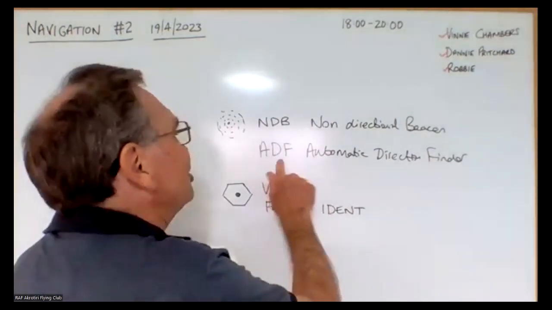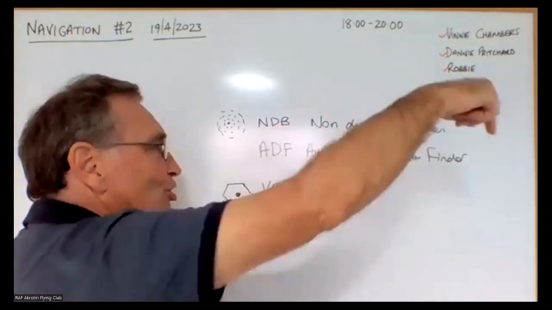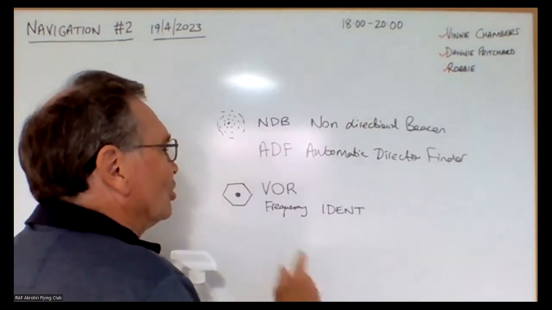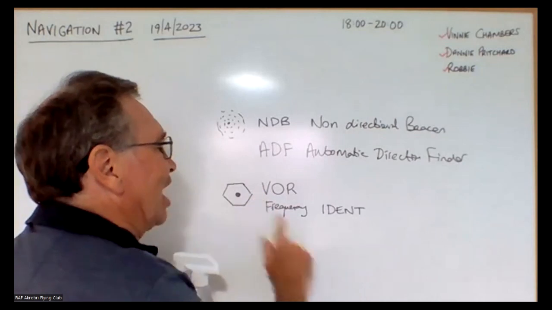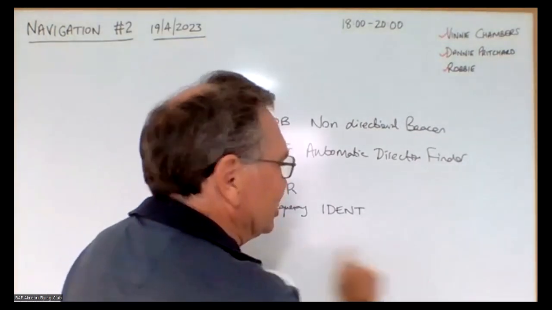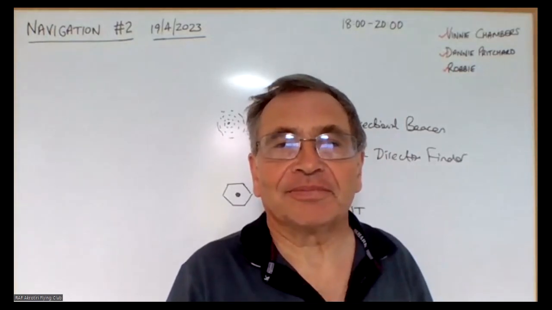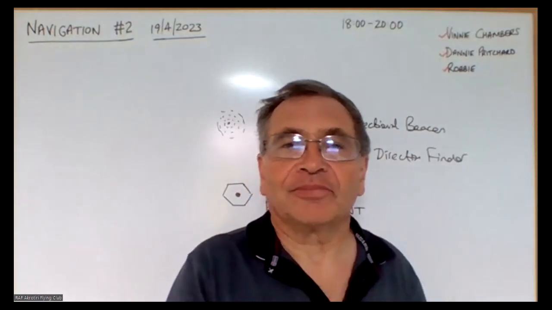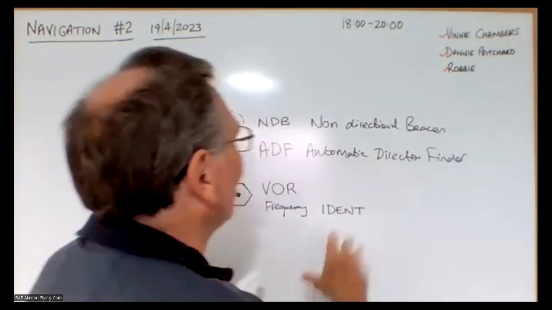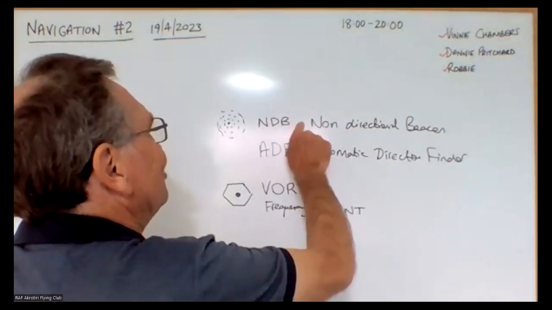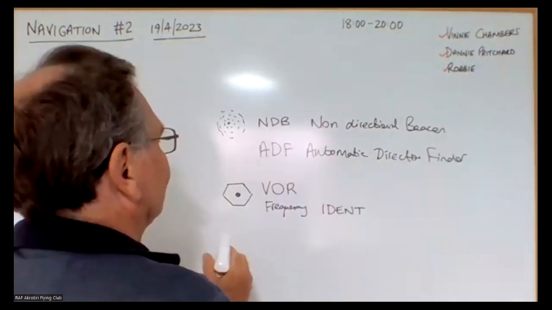So ADF is in the plane, NDB is what's on the ground. And once again, the VOR is on the ground, the VOR receiver is the bit that's in the aircraft. But generally we combine them and call them NDB, ADF, VOR.